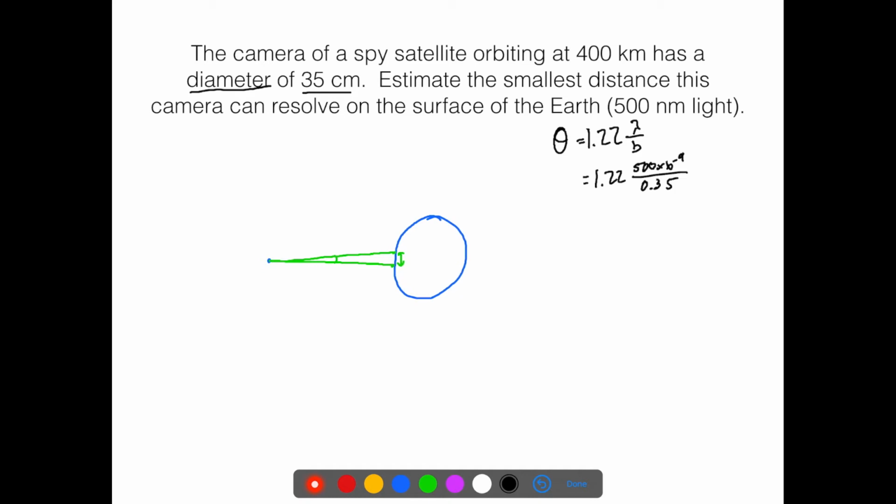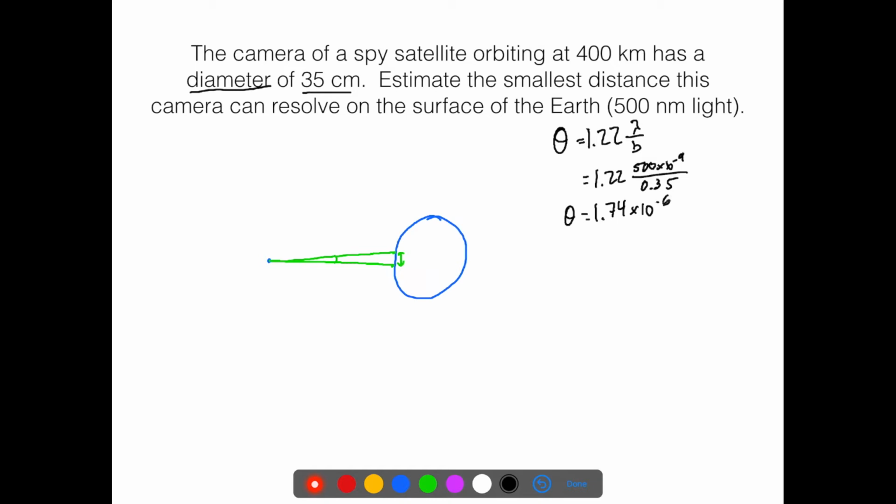I get an answer of 1.74, so theta equals 1.74 times 10 to the negative 6th power. So that is the angle. Pretty small angle, right?